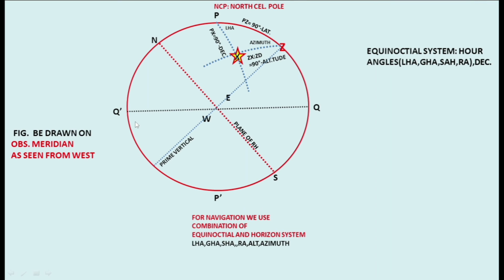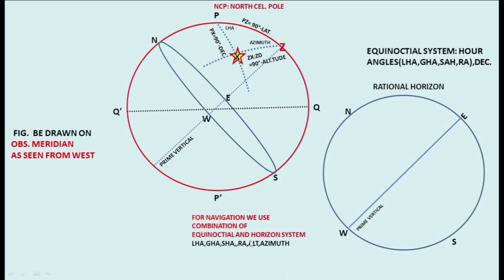Now this is the figure I showed you, drawn on the observer's meridian seen from the west. This is your rational horizon, all points are 90 degrees. If I was just drawing your rational horizon, it would appear something like this, with the prime vertical passing through the east and west points of the rational horizon. Now let me bring the zenith to the center and move it down.